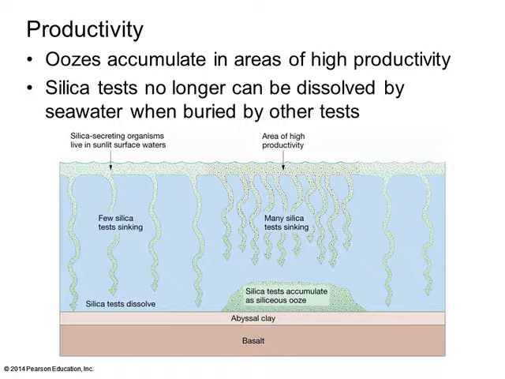But if you are off to the left-hand side of that pile there, you won't get enough accumulation of these shells to create an ooze. You'll just create abyssal clay, right? So that's all that one is suggesting. You have to have a lot of organisms at the surface in order to create this ooze.